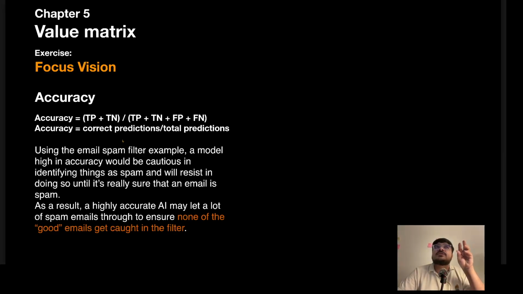It means that none of the focused work will be distracted. So sometimes you need an accurate AI, but in our case we don't need it because our use case is slightly different than this.